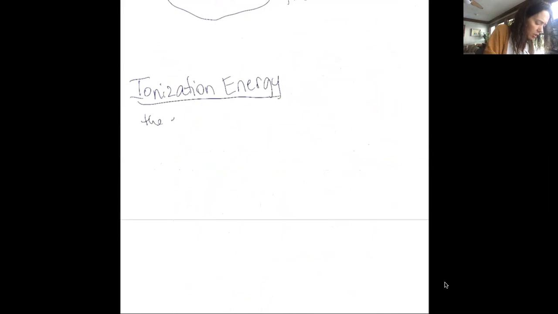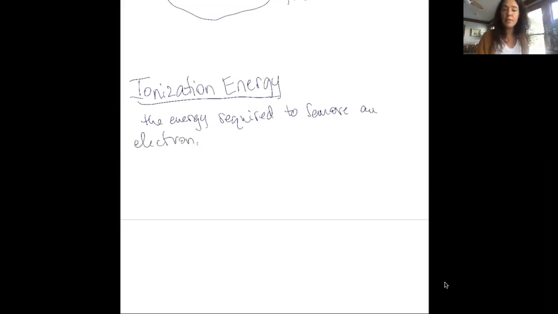Okay, let's look at one more of our trends, which is ionization energy. This is the energy required to remove an electron, to take an electron off of an atom. And think about it. What is holding the electron in place? The nucleus, right? It's that positive negative attraction.